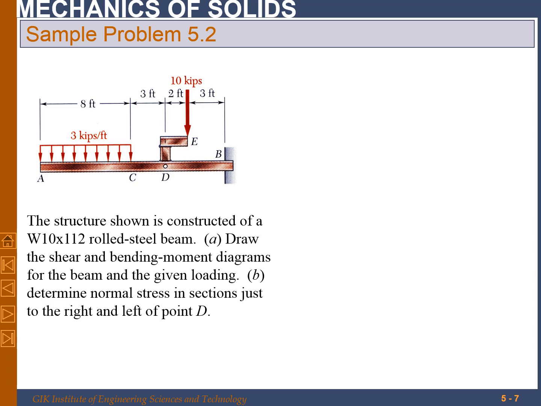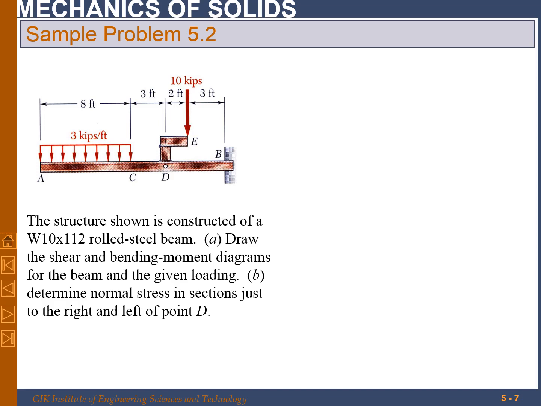If you go to Appendix C, W-shaped beams, you can easily find the section properties in Appendix C of your book for the designated W10 by 112 steel beam.